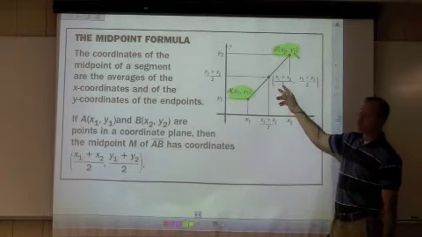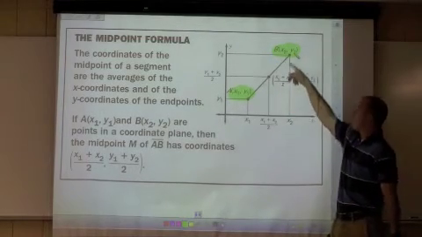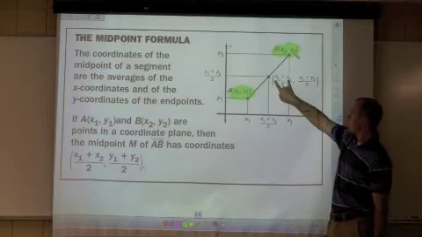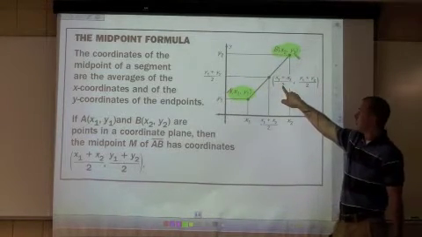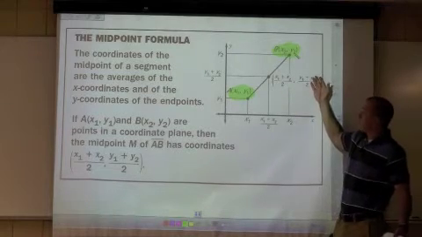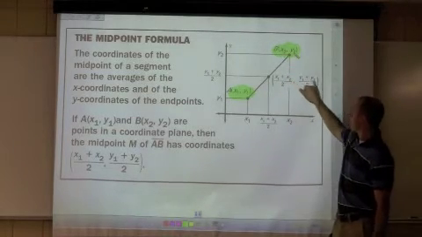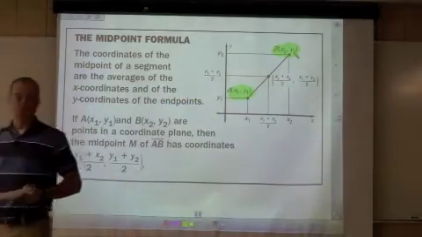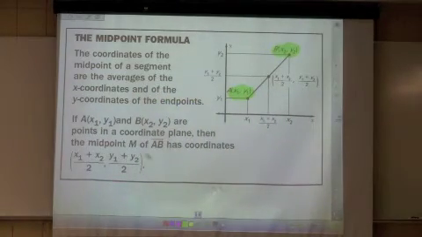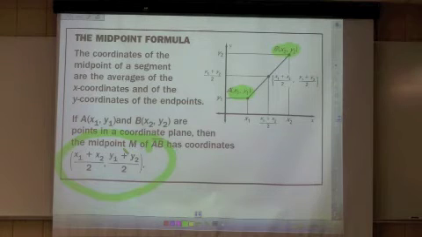To find the x-coordinate, you just average the x-coordinates you're given. So add up x1 and x2, divide it by 2. To find the y-coordinate, average the y-coordinates, add y1 and y2, divide it by 2. So you're really just finding averages. Not too bad. So here's your midpoint formula that we're going to use throughout the course of the day.